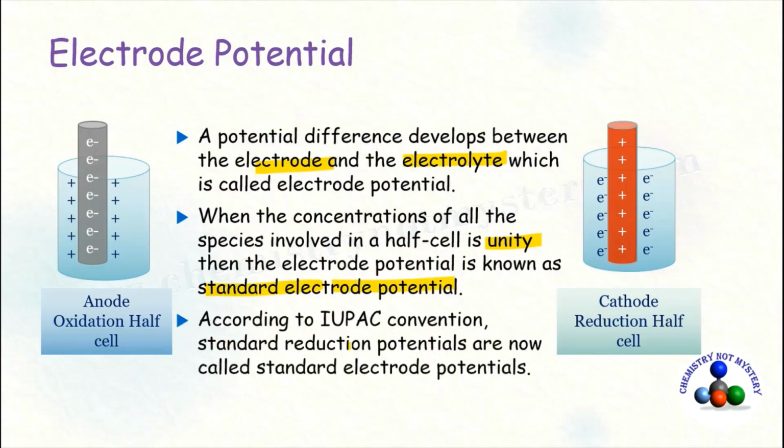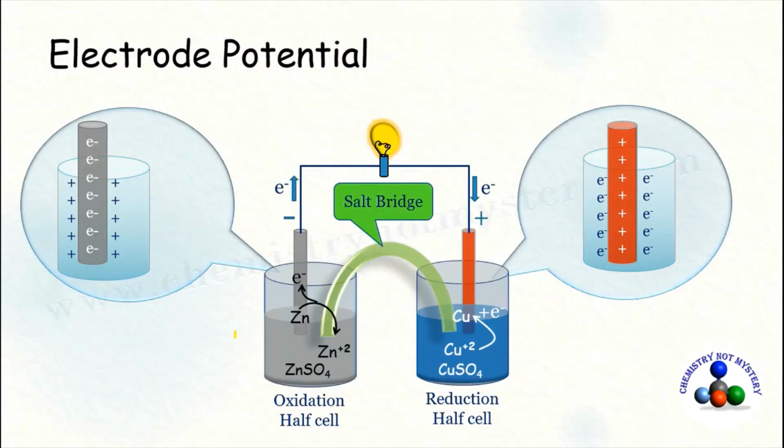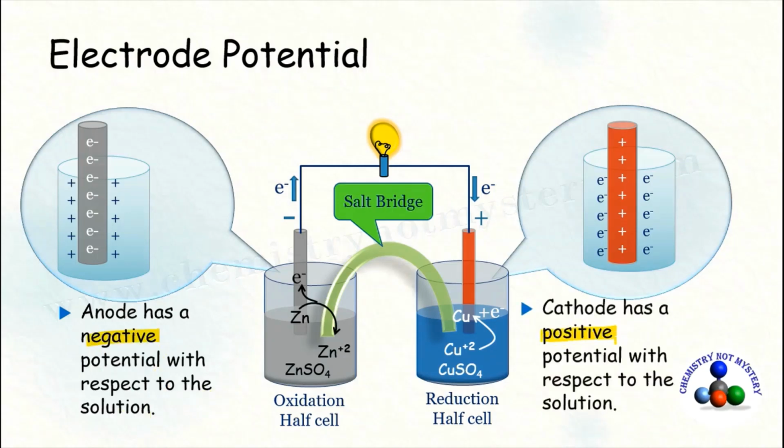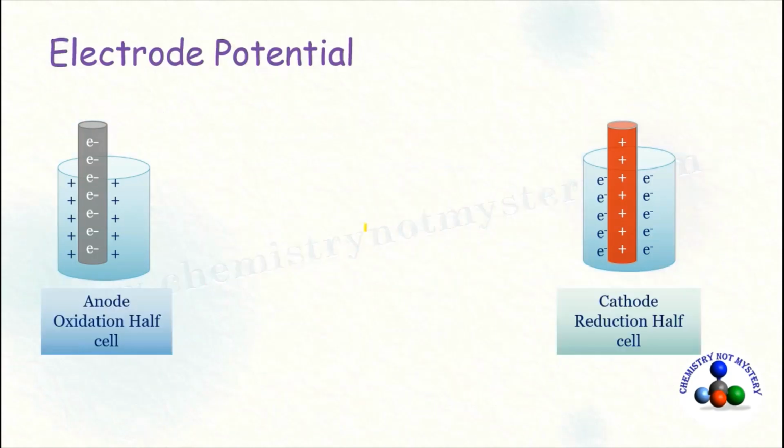By IUPAC convention, standard reduction potential is now called standard electrode potential. So according to IUPAC convention, anode has negative potential with respect to the solution and cathode has positive potential with respect to the solution, because at cathode reduction takes place and at anode oxidation takes place.